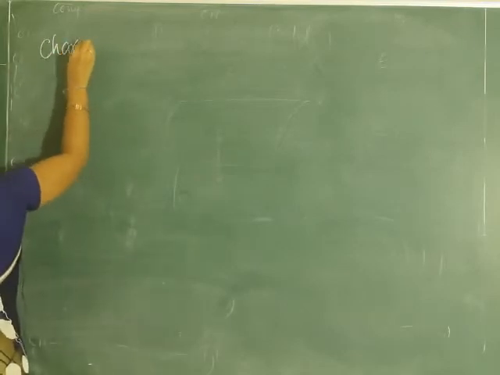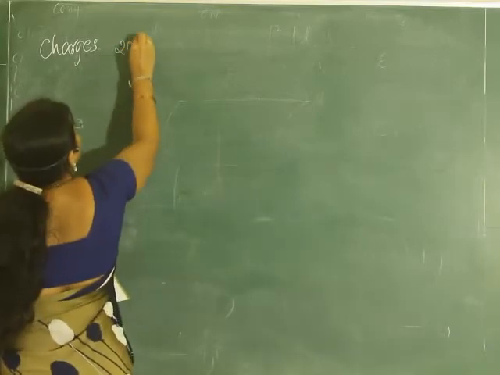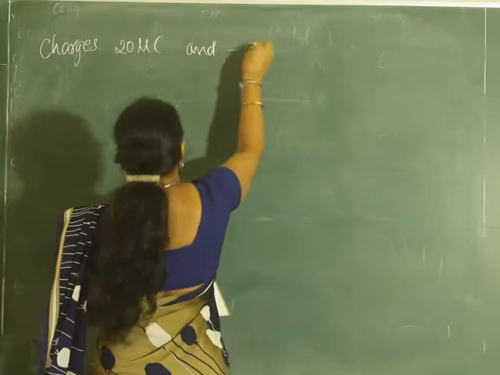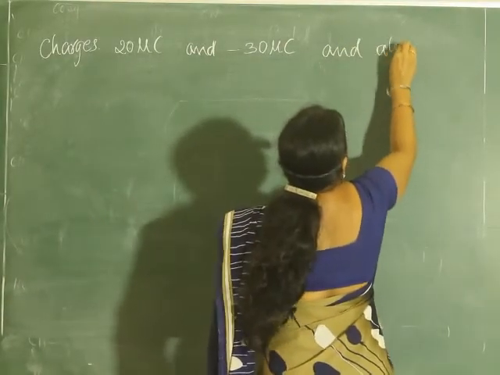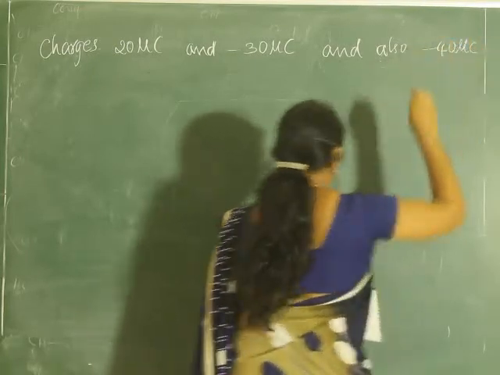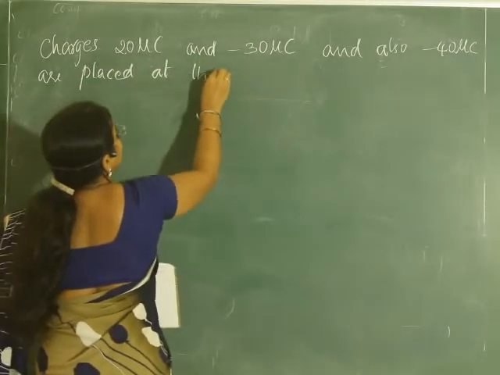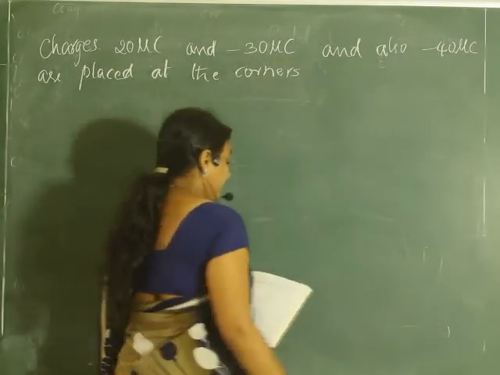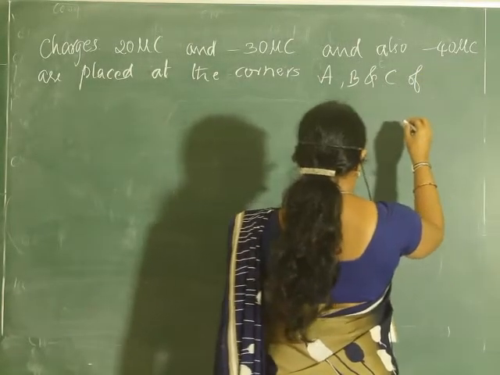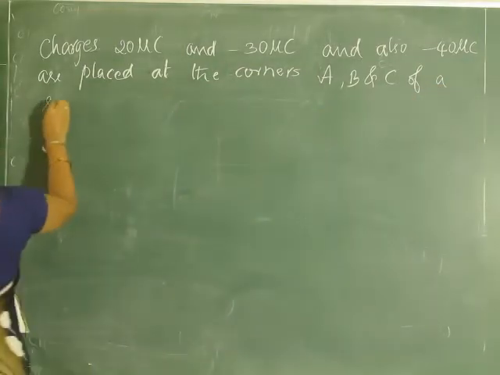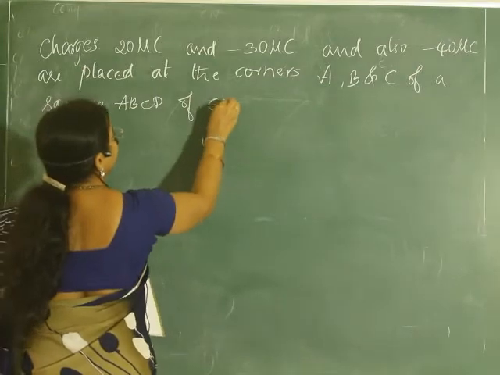Charges 20 microcoulomb and minus 30 microcoulomb and also minus 40 microcoulomb are placed at the corners A, B and C of square A, B, C, D of side 2 meter.